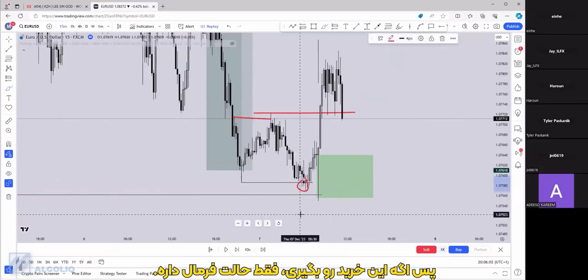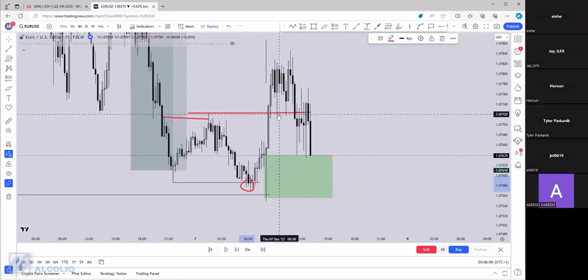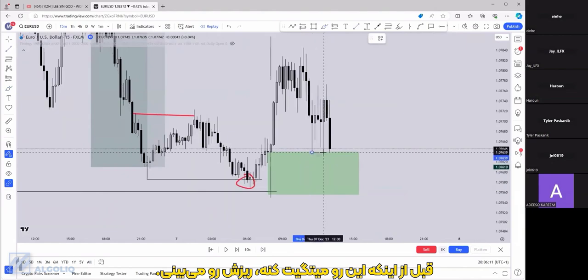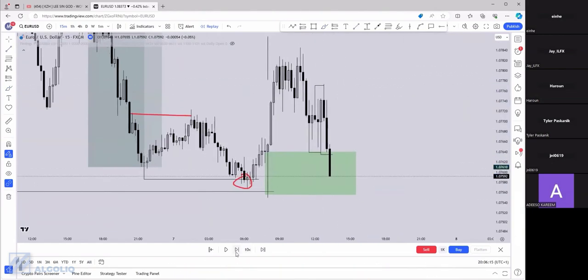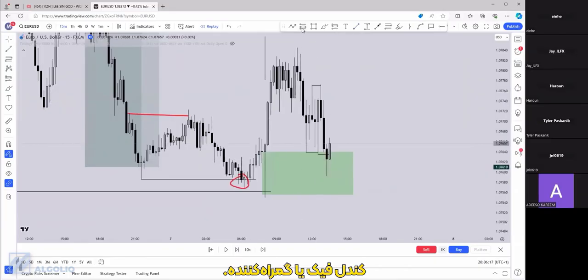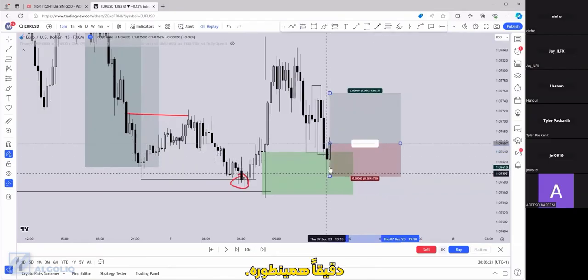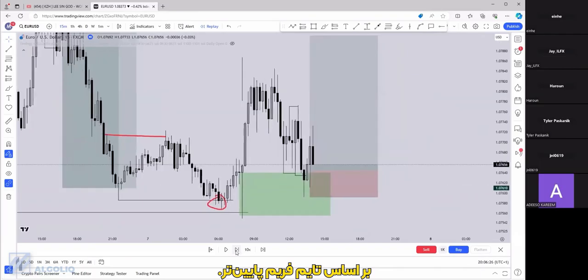So if you take this buy, then it's just FOMO. Then before mitigating this, we see break down, break up, FBOS up, inducement down, bullish candle, buy. Like this. If you want to, you can refine it however you want, based on lower time frame.